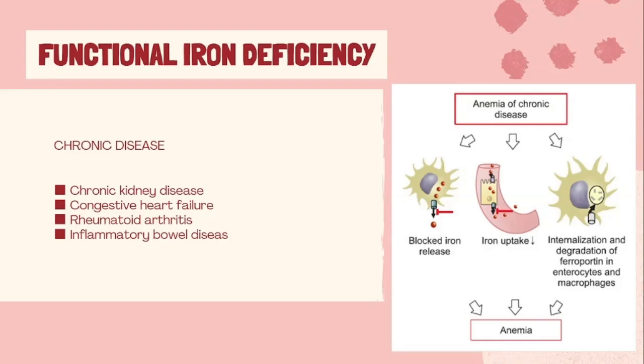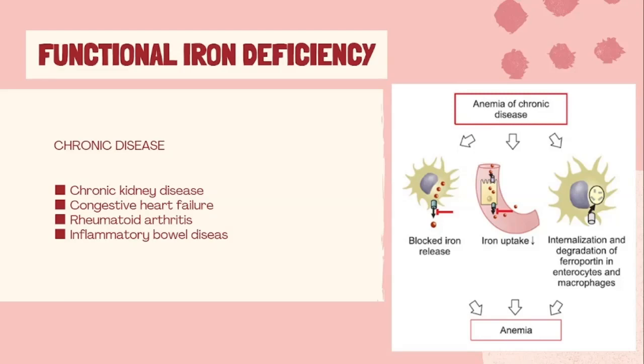Because of the chronic disease, the body is usually in an inflammatory state with the release of hepcidin that will block the use of the iron in the body.